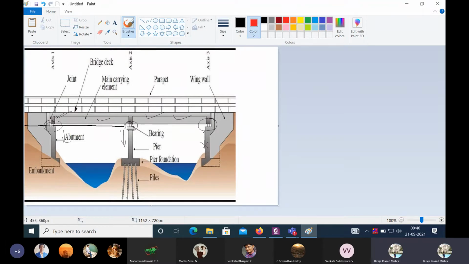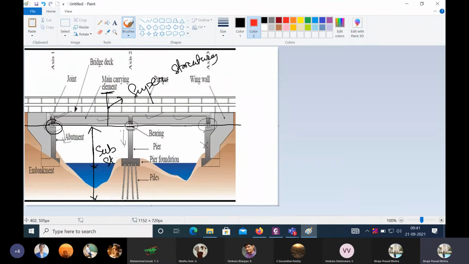If you draw a line passing through the bearings, the part above this line is called the superstructure. Below the bearing, from here till the basement, even till the foundation or the piles, this part we call the substructure.